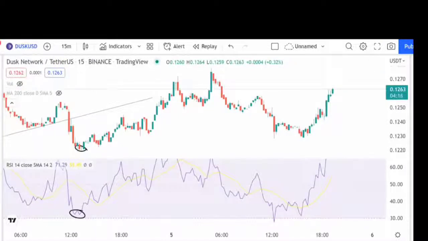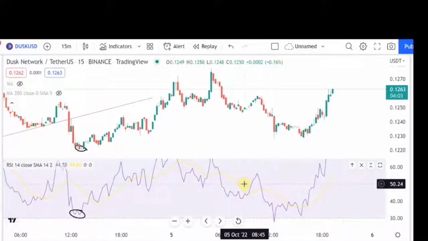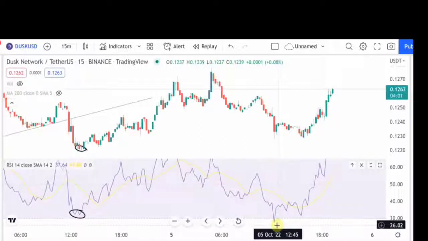Whenever I see the RSI around here, I'll be thinking of longing the coin. So this already helps give you the current situation of the market. Once you know the current situation of the market, it will be easier for you to find your position.